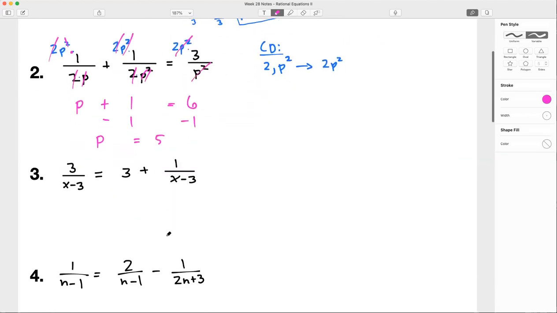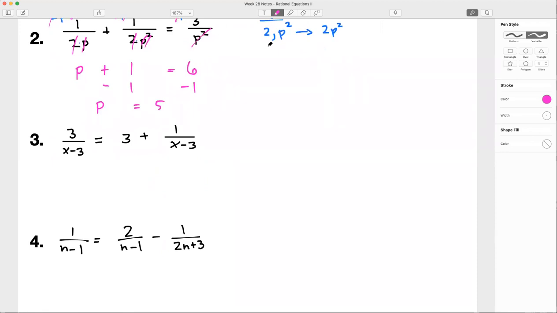Okay, number 3. Let's find all of the unique factors in our denominator so we can identify it. Well, we got an x minus 3 here, so I'm going to add that. What else do we have? Well, actually, this is just 1, so 1 you don't need to include.